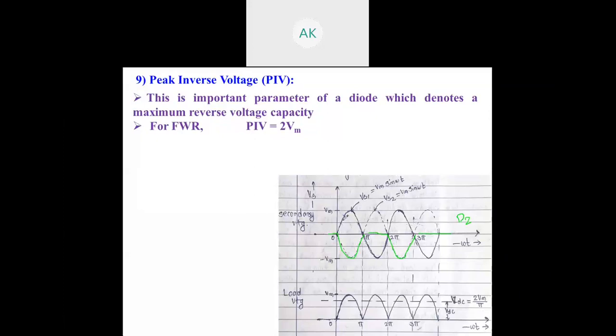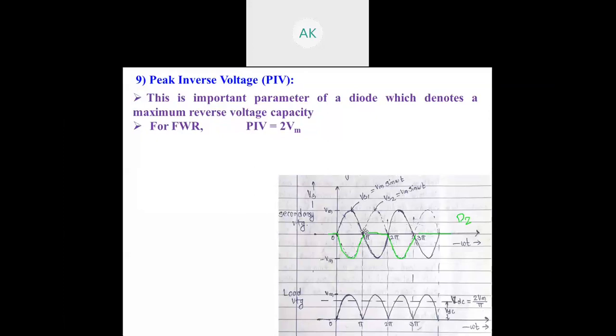For D1, what will be the waveform? During the positive half cycle, D1 is conducting and D2 is non-conducting. During the negative half cycle of the transformer secondary, D1 is reverse biased, non-conducting, and D2 is forward biased, conducting.